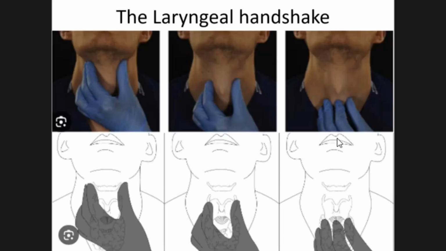In this technique, the non-dominant hand uses the thumb and the index finger along with the middle finger to palpate the hyoid bone. These are the corresponding images. We come down and feel the thyroid cartilage here. Then once we reach the cricothyroid membrane, the index finger of the non-dominant hand palpates this. So this is called the laryngeal handshake.